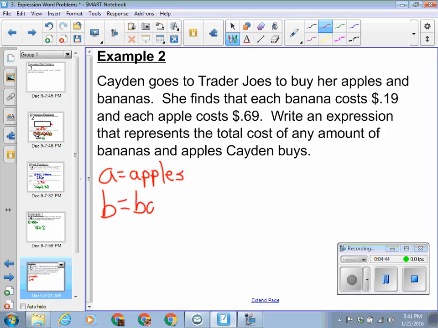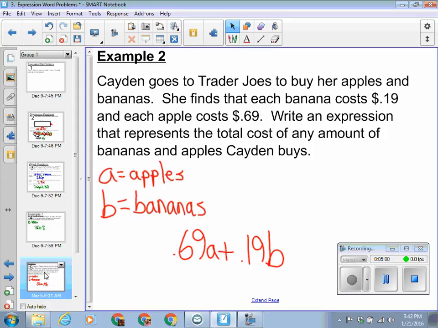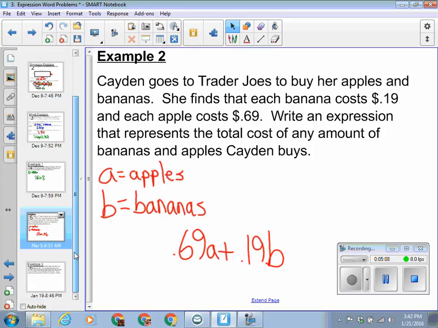Worked out nice, A and B. We have apples that cost 69 cents and 19 cents per banana. That expression gets us the total cost. We can plug in any amount of apples and bananas there. And there we have our total.